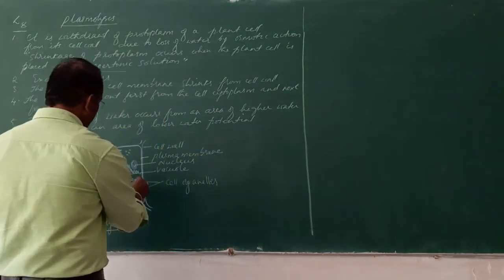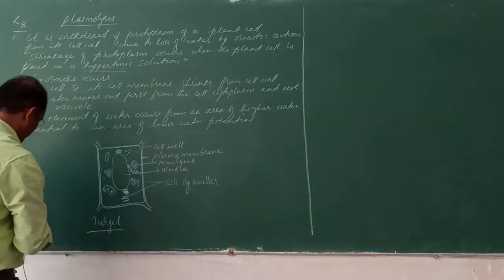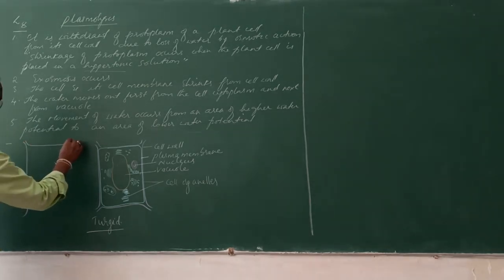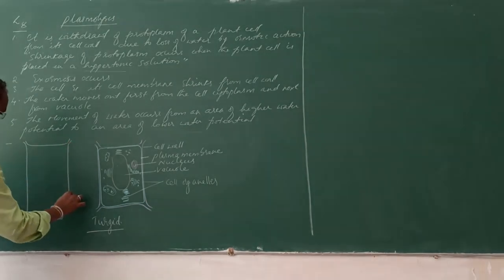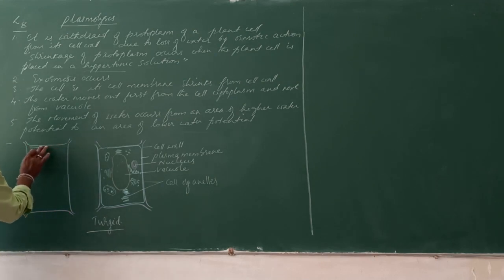Next, when this cell is placed in a hypertonic solution, now what happens? See, when the turgid cell with more water is placed in the hypertonic solution, what happens? Withdrawal of the protoplasm occurs.